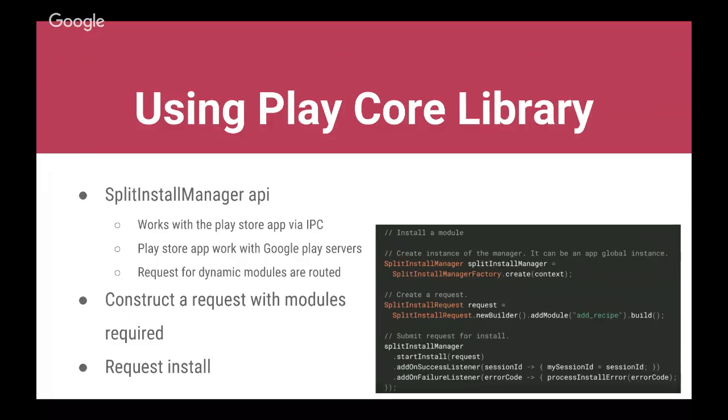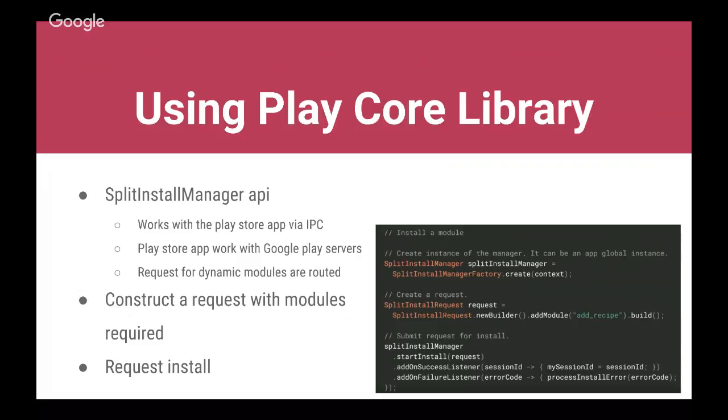Now, how would you really get a new module to install? For that, we have introduced a new thing called the PlayCore library, which has an API called the Split Install Manager API. This works with the Play Store app on your device, and then goes to Google Play servers, fetches the modules, and installs the dynamic modules on the fly. I've highlighted the code required in order to call and install a dynamic module.